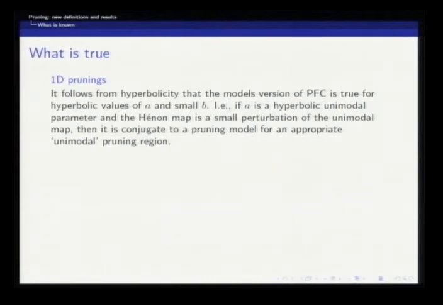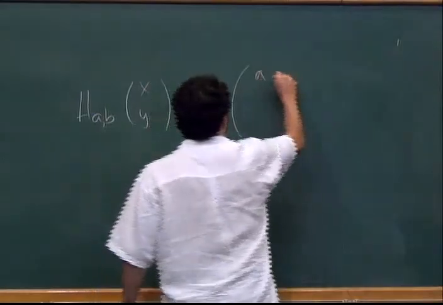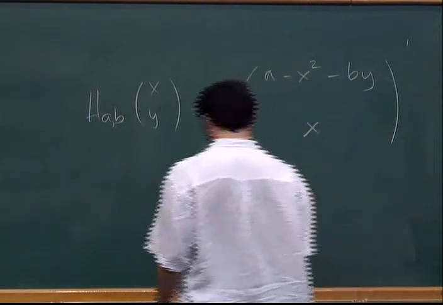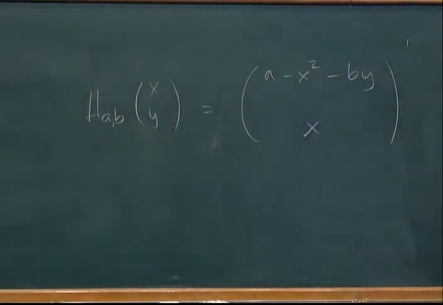Anyway. So what is known? Okay. So one thing that is known is this: the Henon family has this formula.